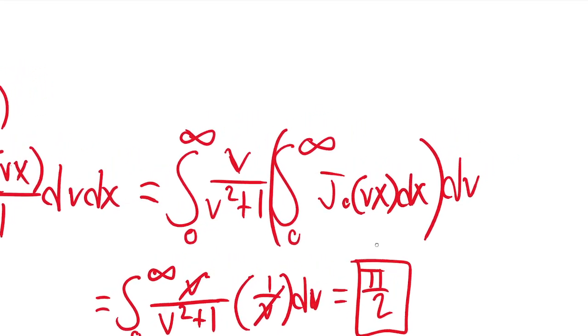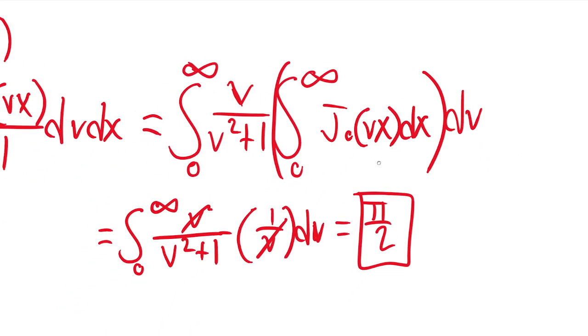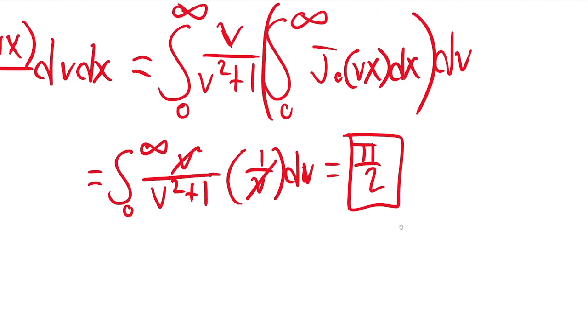The integral from 0 to infinity of J sub 0 is 1. And after performing the u-sub, u equals vx, we get 1 on v for this integral on the inside. That's going to cancel with the v right here, which is very nice, and then we get pi on 2.